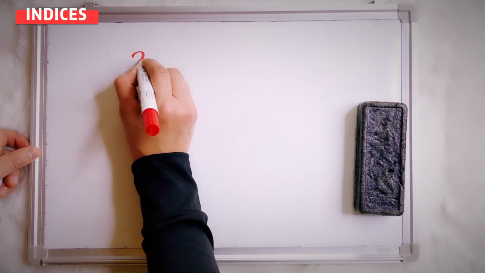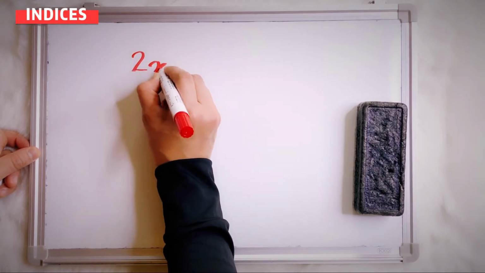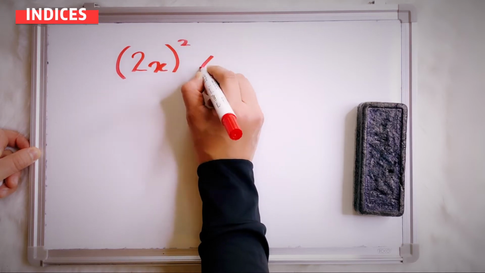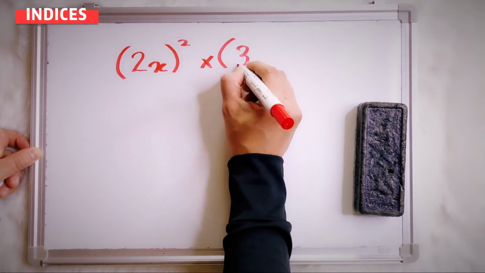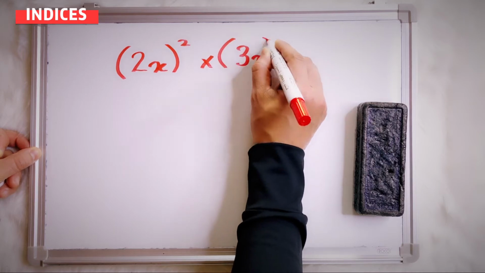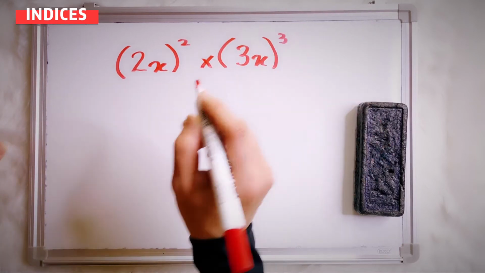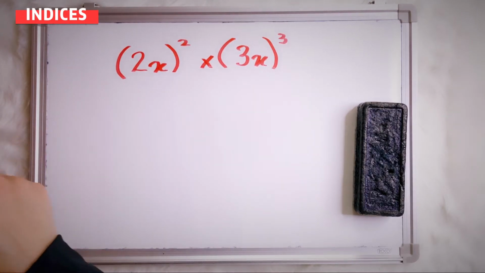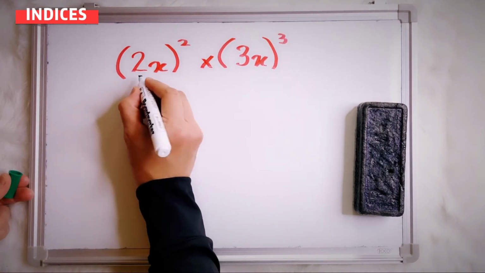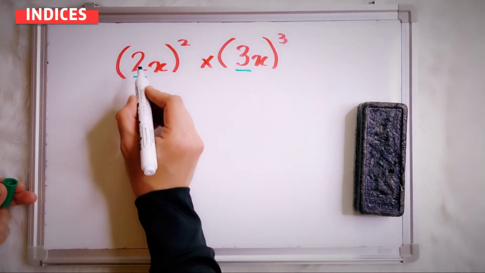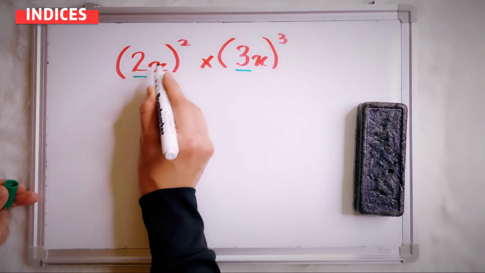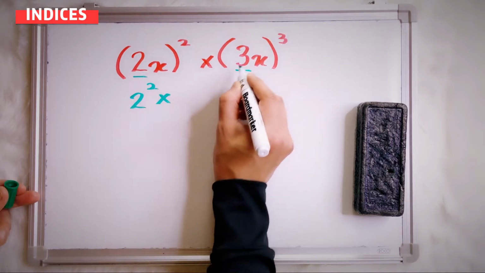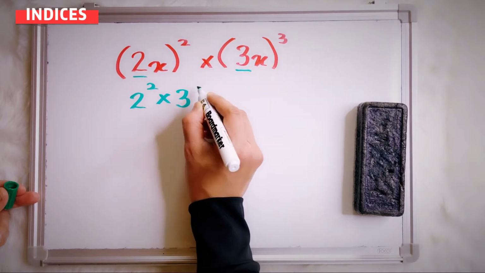So now let's say I give you 2x power of 2 multiply 3x power of 3. Now settle your number first. I put green color under here. Now 2 power of 2 multiply with 3 power of 3.